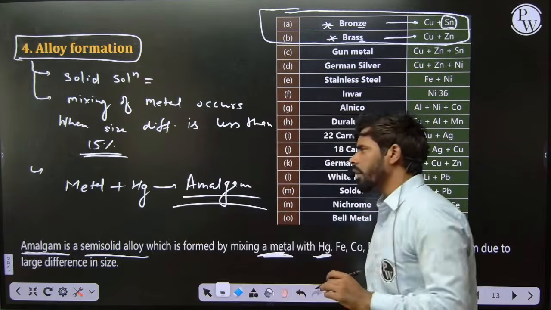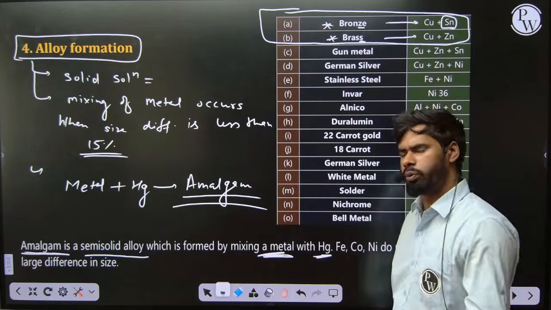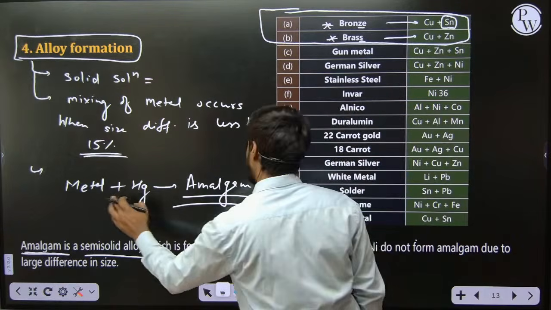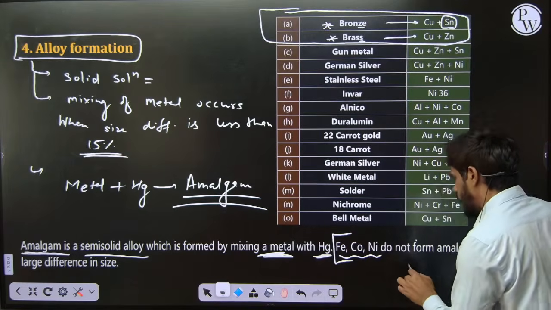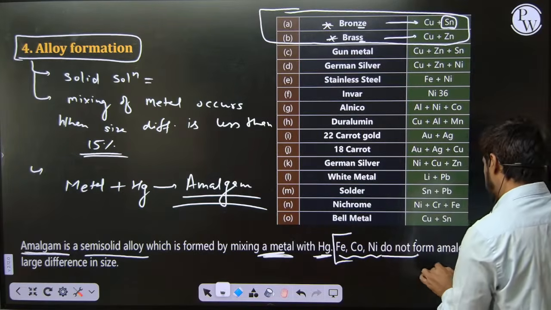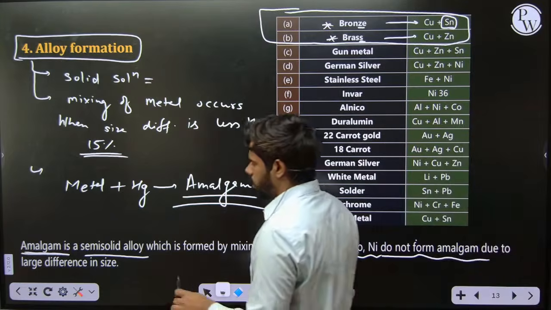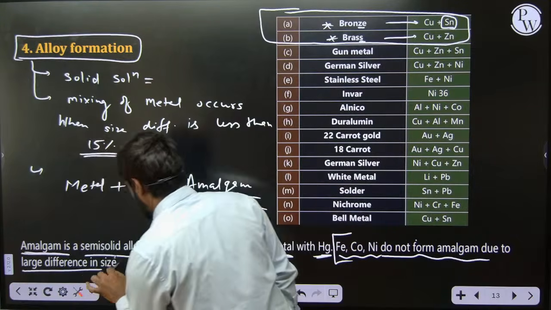This amalgam can be formed only with those metals which have a similar size to Hg. Cobalt, iron, nickel will not form amalgam as they have a large size difference from mercury.